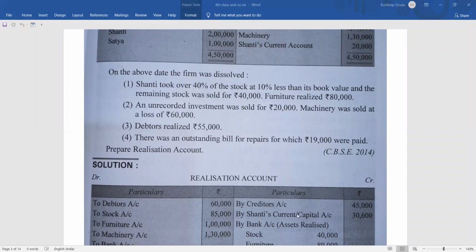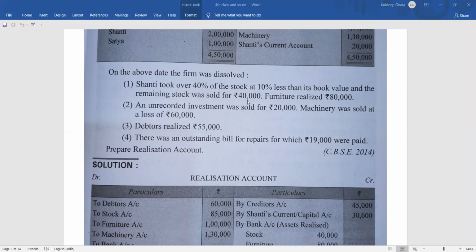In case of dissolution that is possible. So that is why it is given here current account oblique capital account. They have not given only current account or only capital account, because they know that both ways it can be done, right?